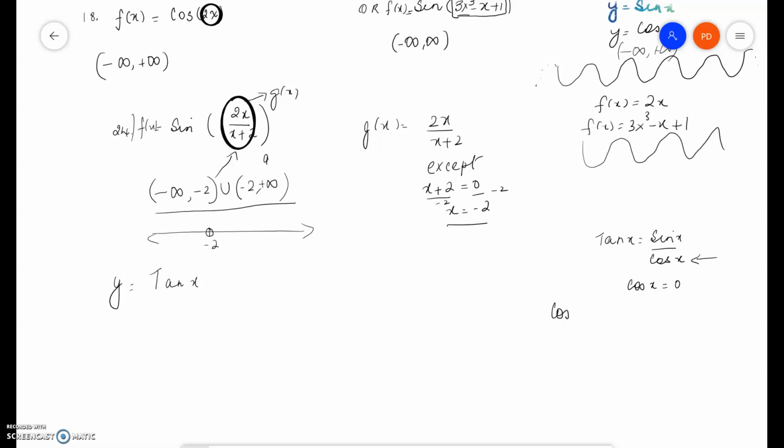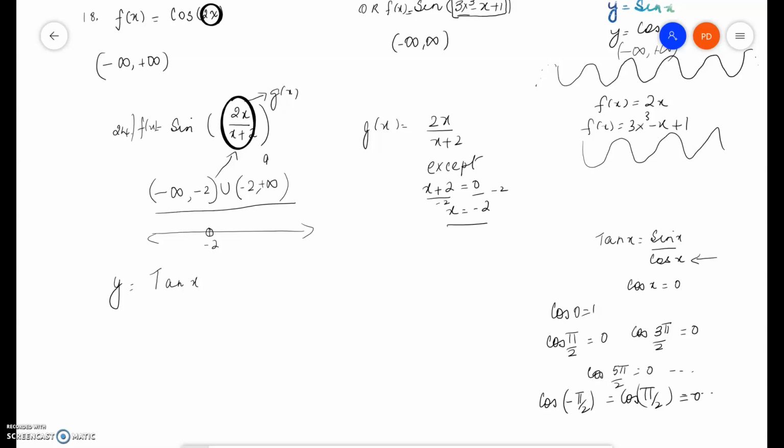So cosine of 0 is 1, remember that. Cosine of pi over 2 is equal to 0. Cosine of 3 pi over 2 is equal to 0. Cosine of 5 pi over 2 is equal to 0, and so on. And the same thing with the negative angles. Cosine of negative pi over 2 is the same as cosine of pi over 2, etc. They're all equal to 0.